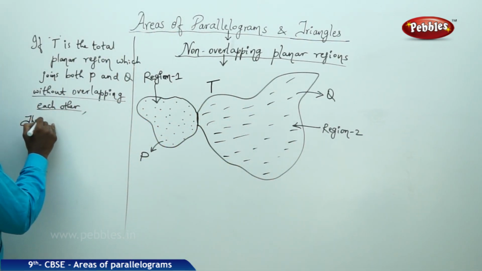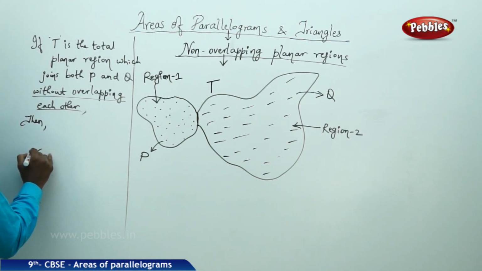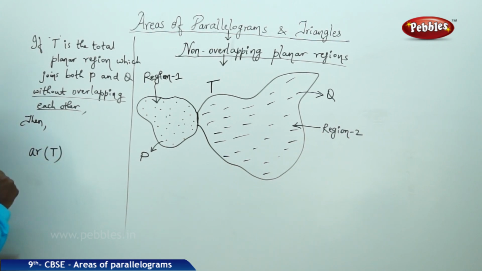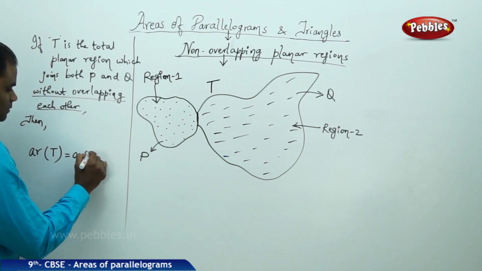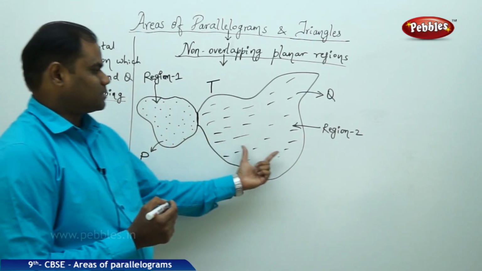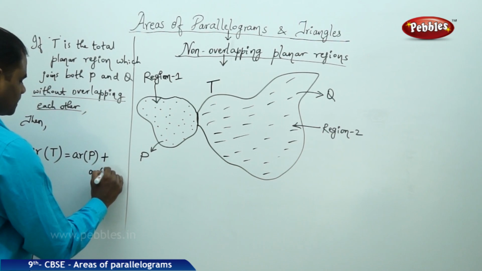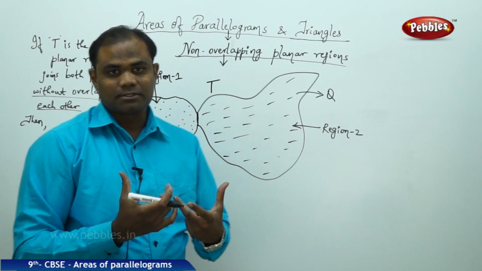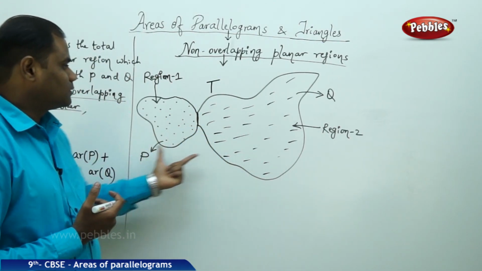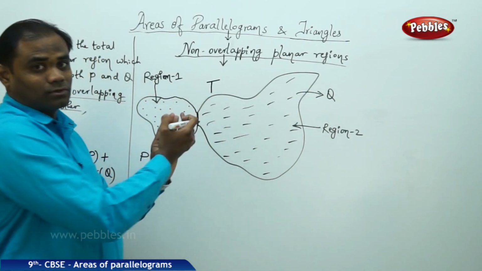Then the mathematical property is that the area of the whole region T, AR of T, equals the area of region P plus the area of the second region Q.